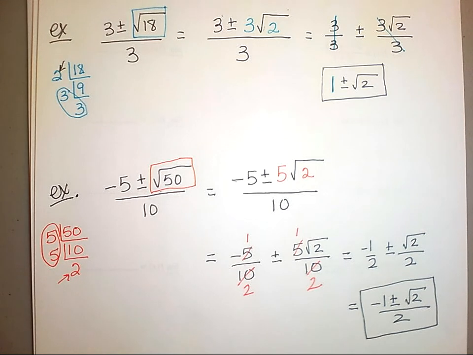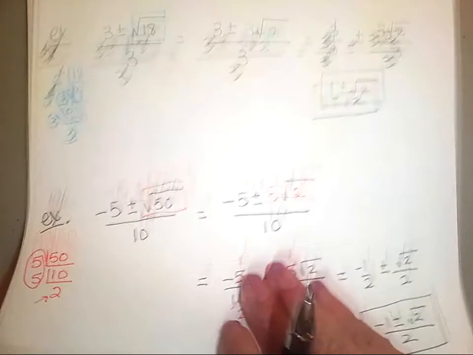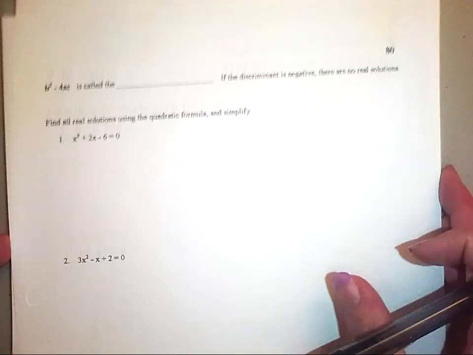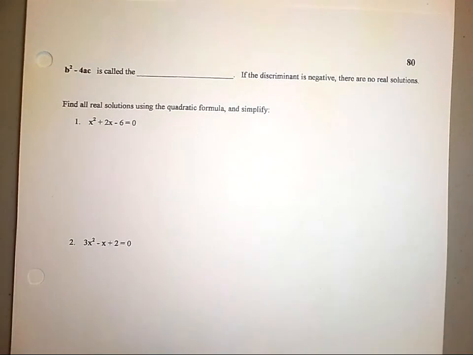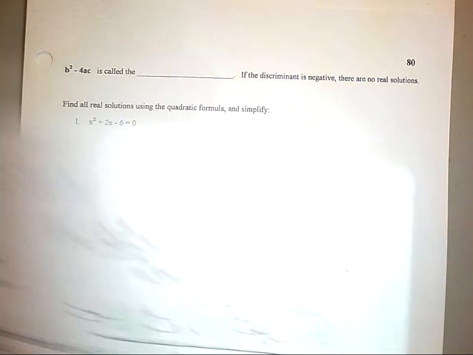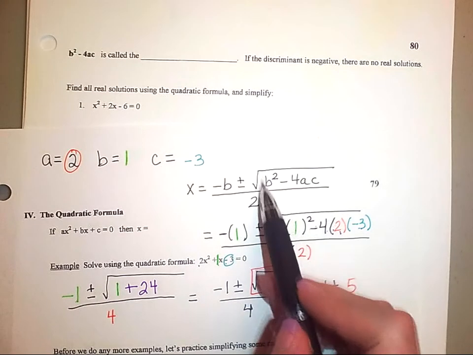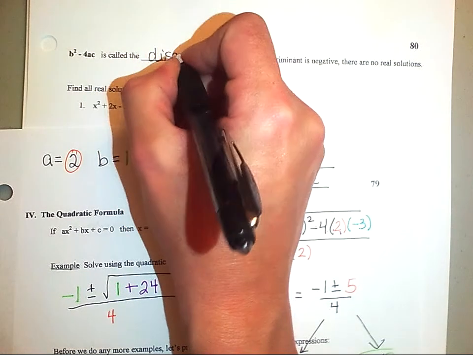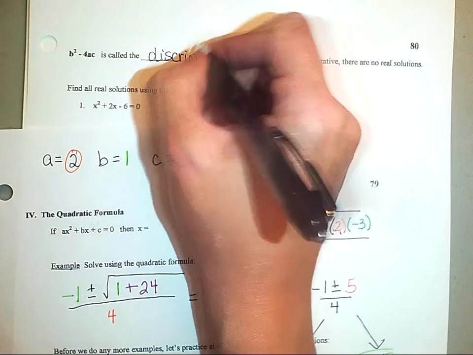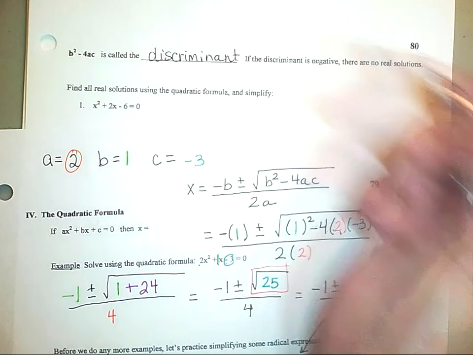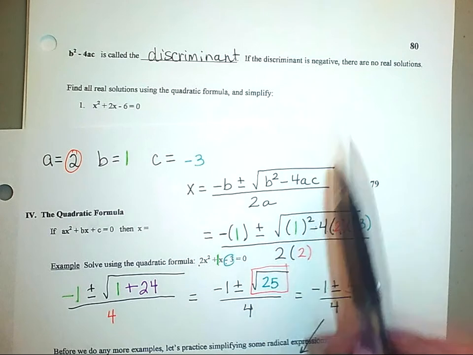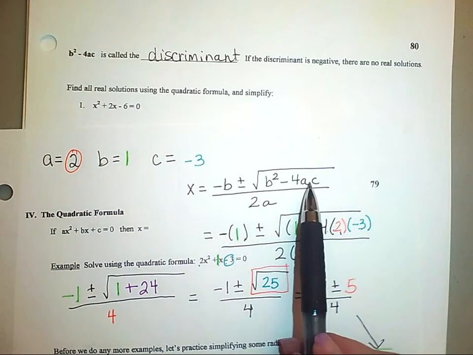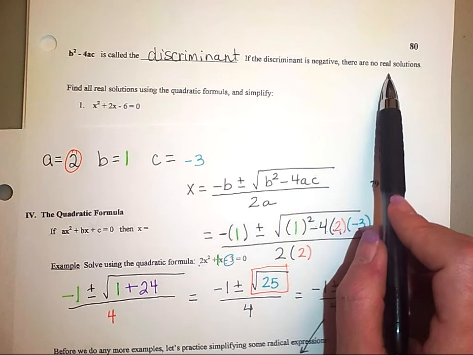Let's go to page 80 and do some more examples of the quadratic equation. Now, b squared minus 4ac, that's what we found underneath this radical here. This is called the discriminant. And if this ever goes negative, then we're not going to have a real solution.